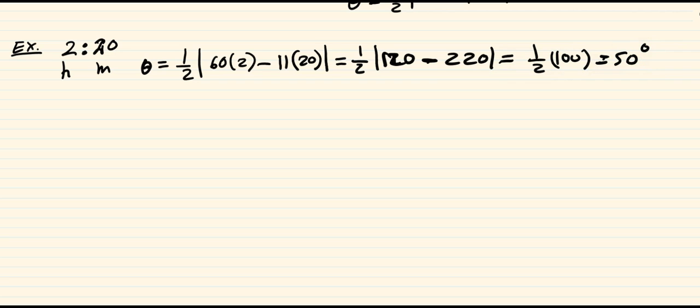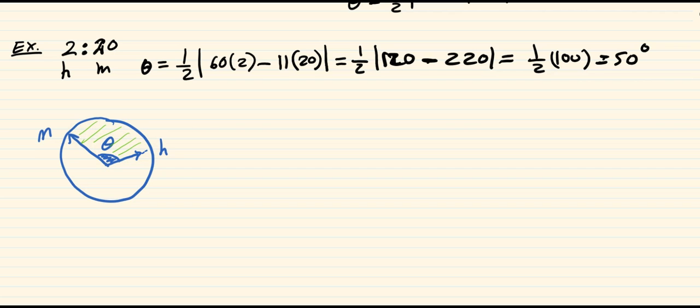Now what if the region actually included 12 o'clock? So if 12 o'clock is included, so for instance, let's say I have something like this, where this is the hour, this is the minute hand. This is the measure of angle theta we're now seeking. So to find, in terms of a shaded region, let's say this is the region that I want, I can actually think of this as the full circle, which measures 360 degrees.